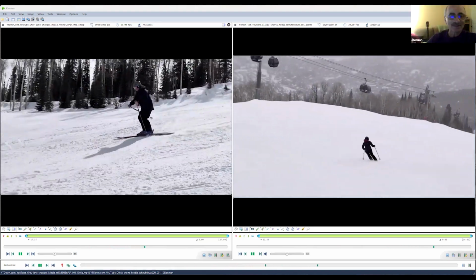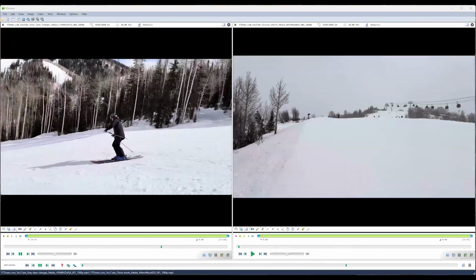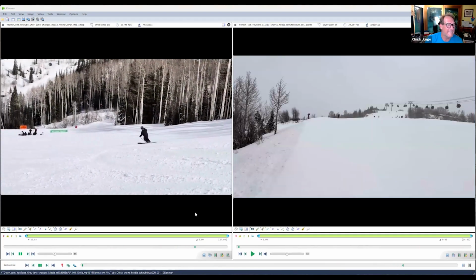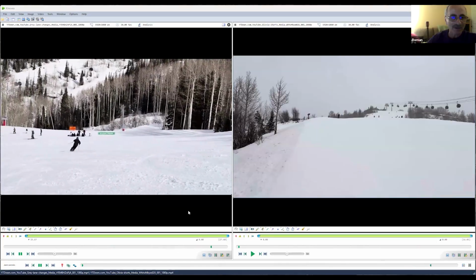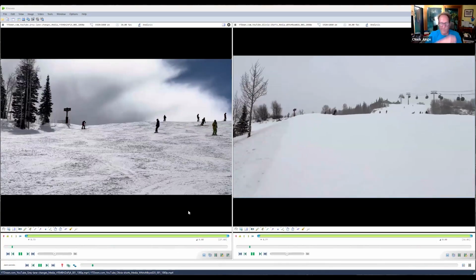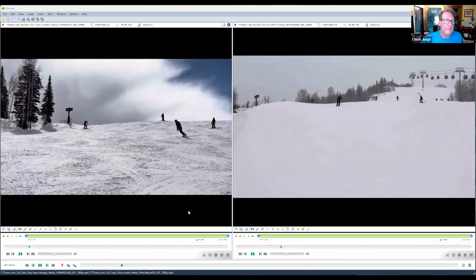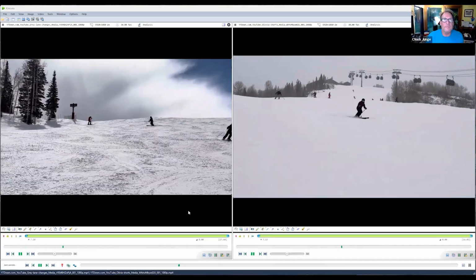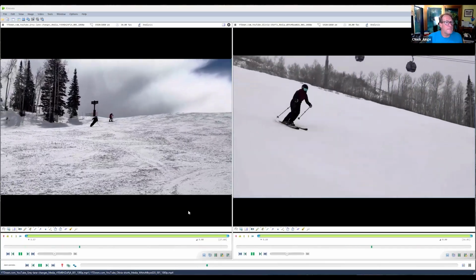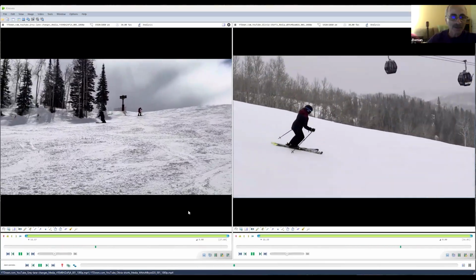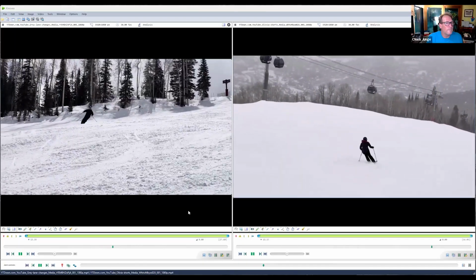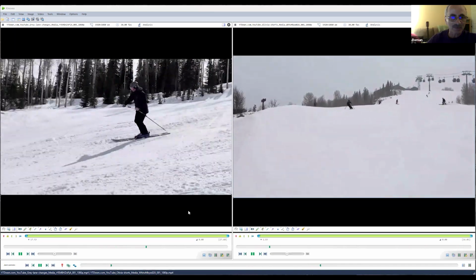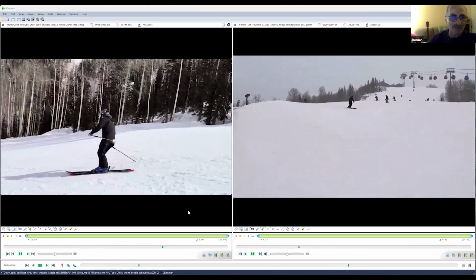Okay, skier on the left. The rotation on the left happens with the whole body rotation. Okay, cool. Where does it start from? It starts from the initiation of the turn and continues through the shaping and through the finishing of the turn. Skiing through most of the turns, the skis continue to move across.